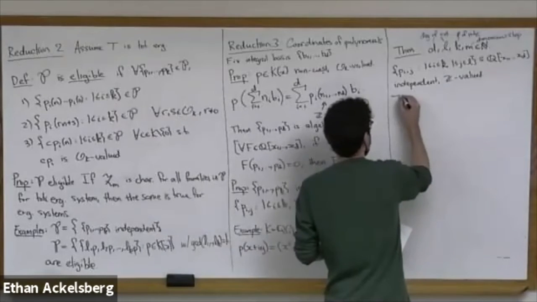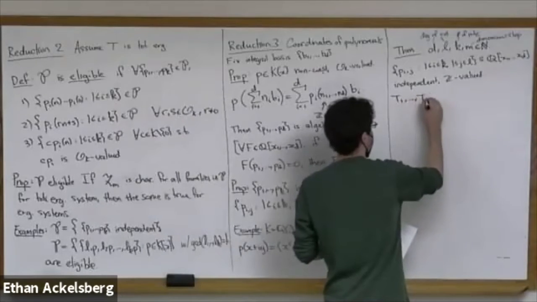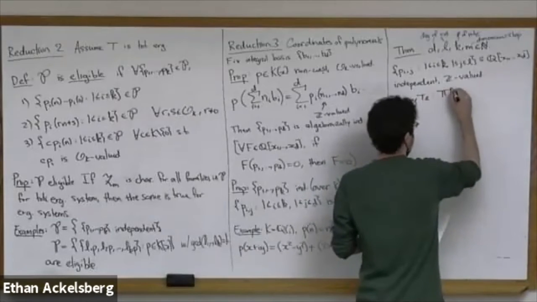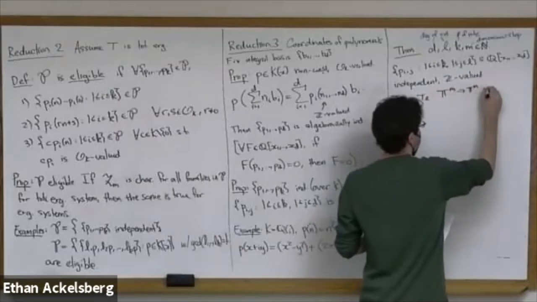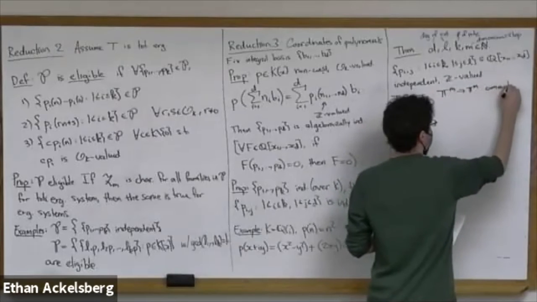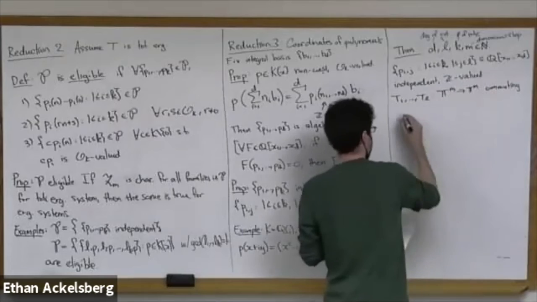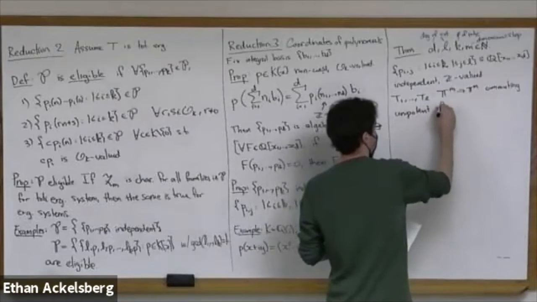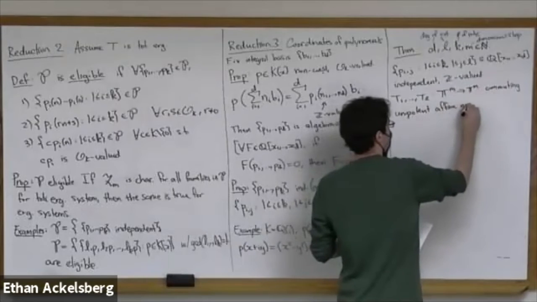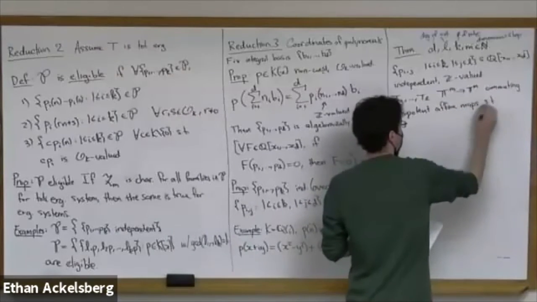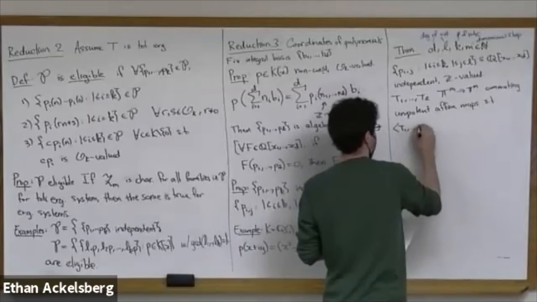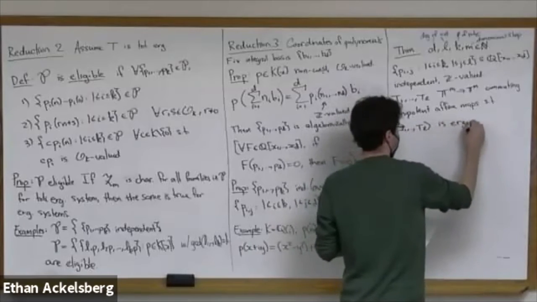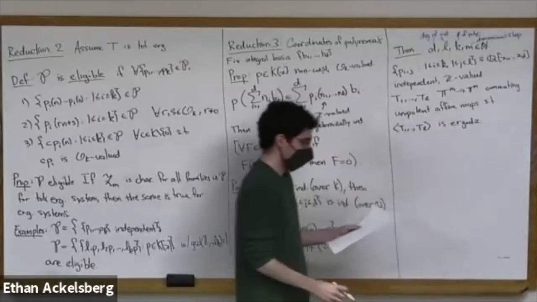And then T1 through TL will be actions on an M torus that are commuting unipotent affine maps such that they generate an ergodic action.